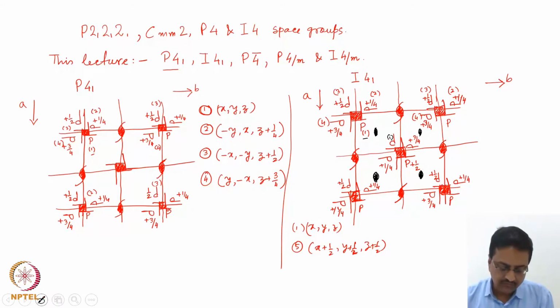So this is the difference between P41 and I41. In case of P41, there was no additional symmetry at the 1/4 location, whereas here in case of I41, there is an additional symmetry of a two-fold axis, and it is very easy to write down the corresponding equivalent points.